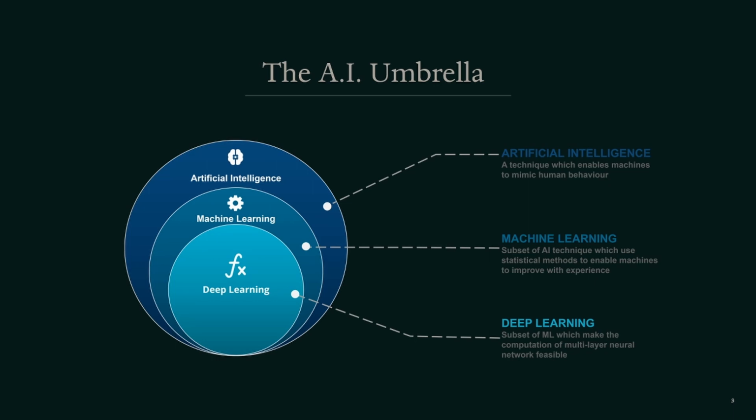They'll send pulses to each other. That's how thinking works on a very basic and fundamental level. So that's what deep learning is, trying to mimic human behavior on the fundamental neuron level of the human brain. And that is what these 3 different types of AI are: AI, machine learning, and deep learning.